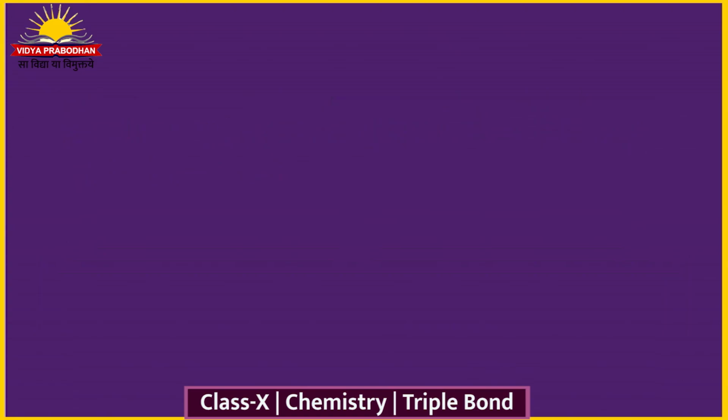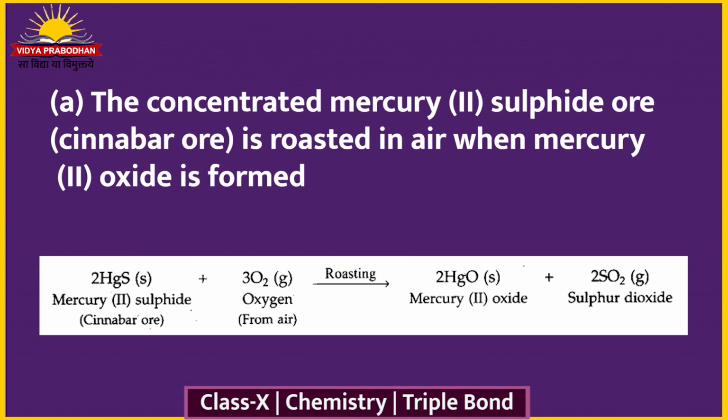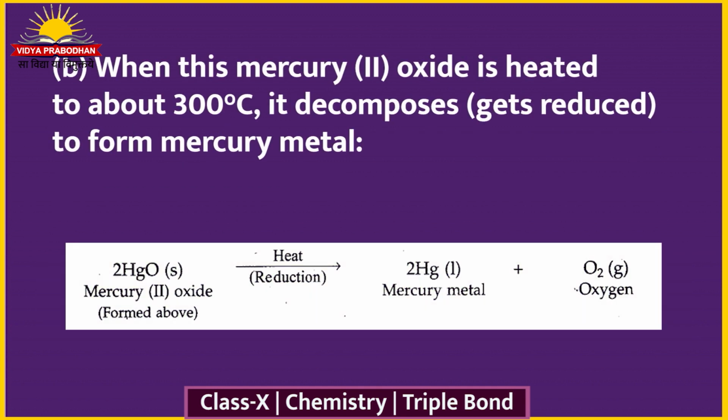First, the concentrated mercury 2 sulfide ore is roasted in air when mercury 2 oxide is formed. Second, when this mercury 2 oxide is heated to about 300 degrees Celsius, it decomposes or gets reduced to form mercury metal.